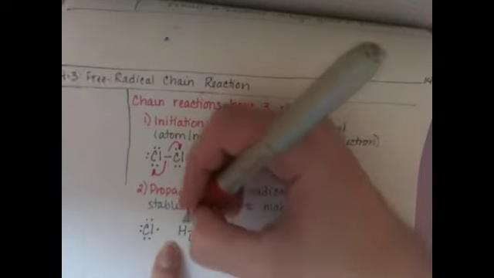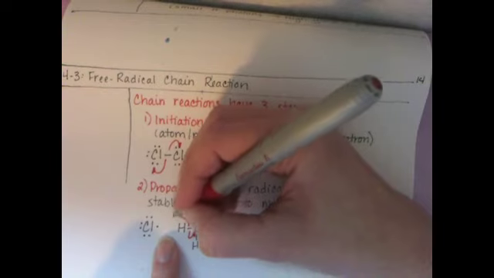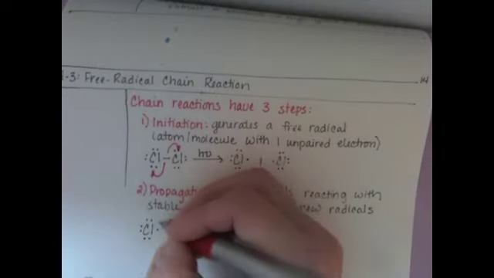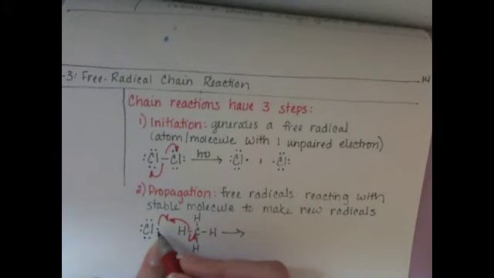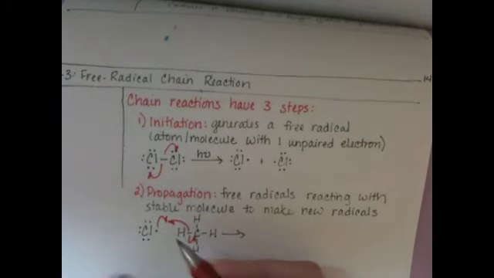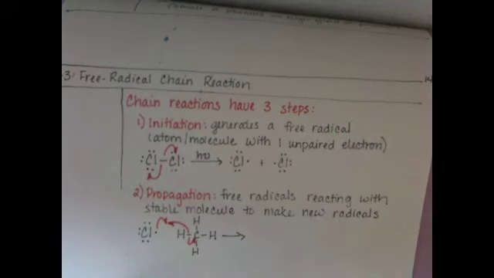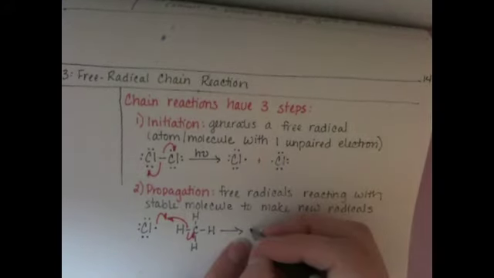The other electron in the carbon-hydrogen bond is going to come out here and hook up with that unpaired electron on the chlorine atom. Those two atoms together are going to form a hydrogen-chlorine bond.